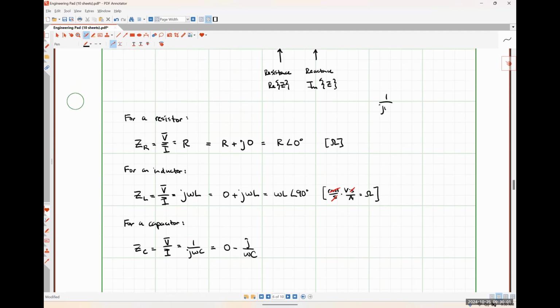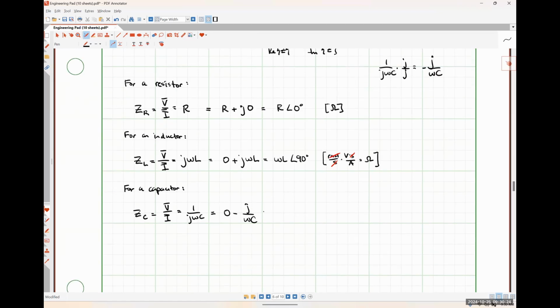So we have 1 over j omega C. If I multiply the numerator and the denominator by j over j, what I wind up getting is a j in the numerator, an omega C in the denominator, and then I also have a j squared in the denominator. What's j squared? -1. So that's the same thing as negative j over omega C. And then lastly, we would have 1 over omega C with an angle of negative 90 degrees, like so.